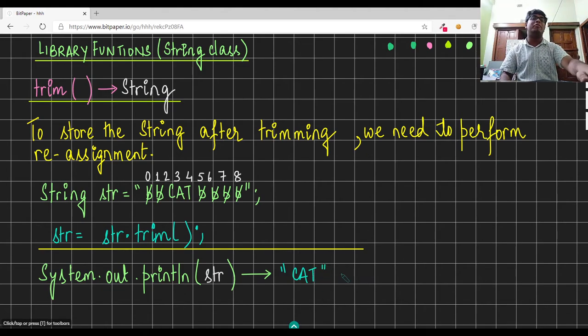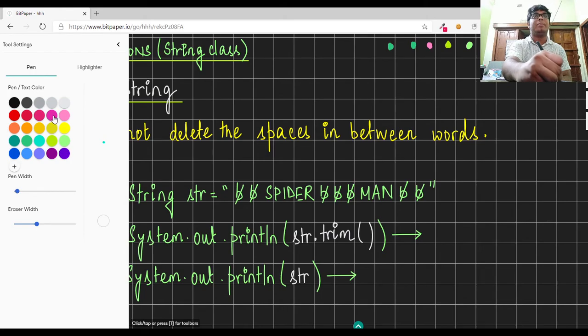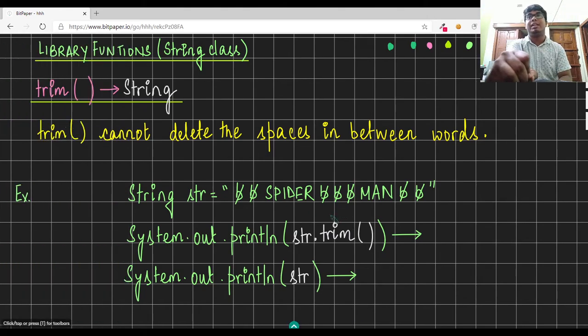Now there's one more fact that I want to highlight about the trim function. The trim function only deals with the leading and the trailing spaces. It cannot delete the spaces that remain in between words. So for example, here, the spaces that are in between words are these, and trim cannot delete these spaces from the string. All right.